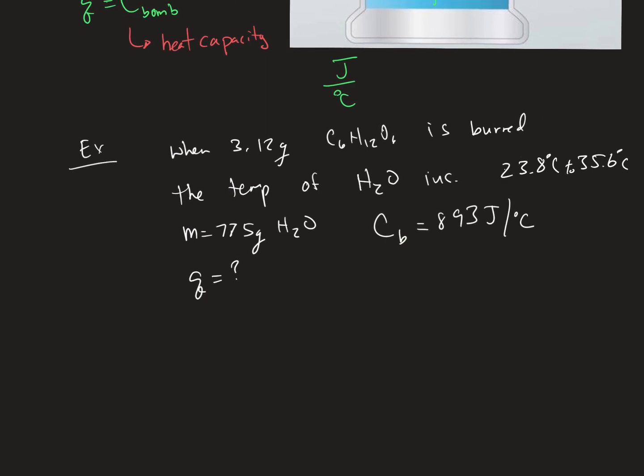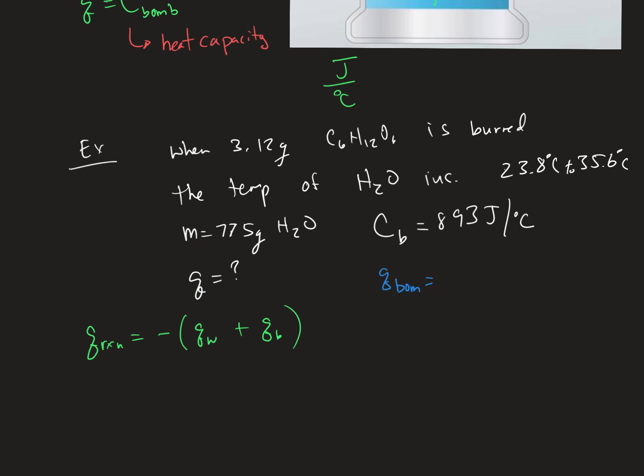So this is the heat of reaction. So Q of the reaction is equal to negative Q of the water plus Q of the bomb. Okay, so let's find Q of the bomb. What is it that the problem was asking for?